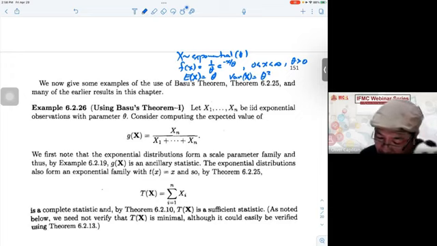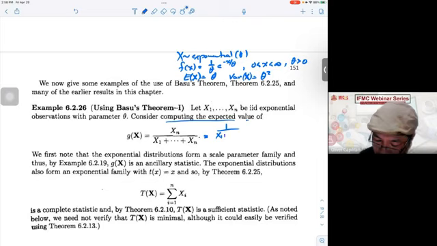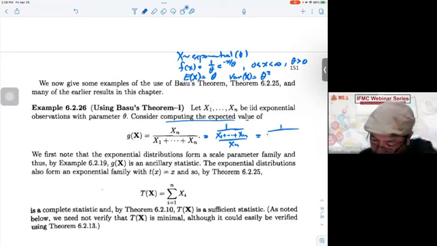Take note, we're going to compute the expected value of g of x. So this g of x could be expressed as x sub 1 over x sub n, plus dot dot dot, plus x sub n minus 1 over x sub n.